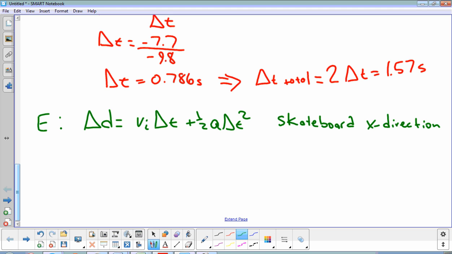Delta D, or delta X, is the unknown. It equals the initial velocity of the skateboard, which was 1.5, times delta T, which we know is 1.57, plus 1/2 times A in the X direction. This time, what is it for the skateboard?